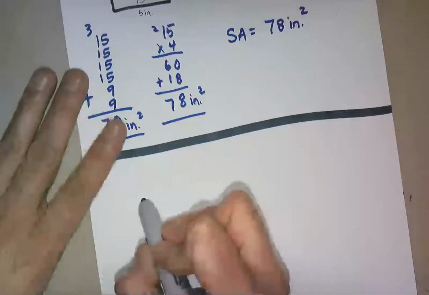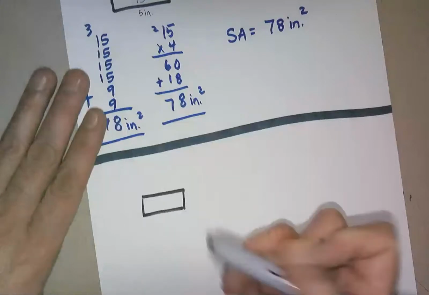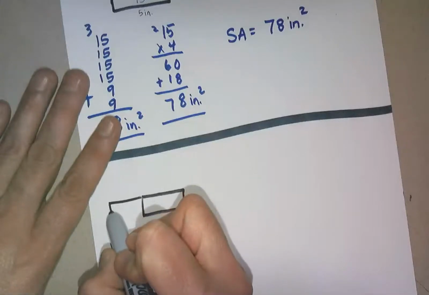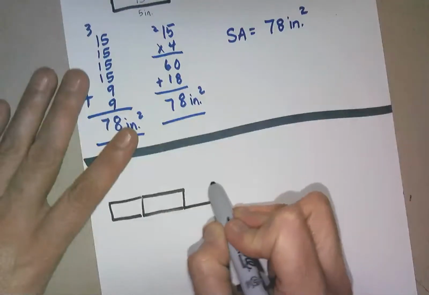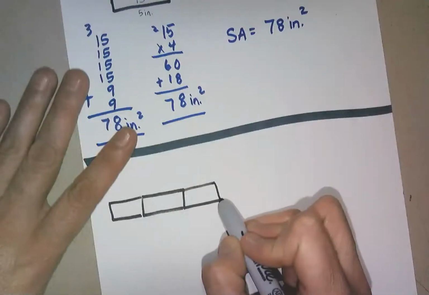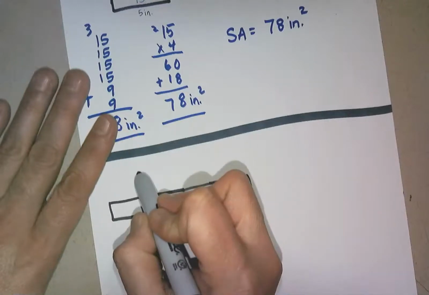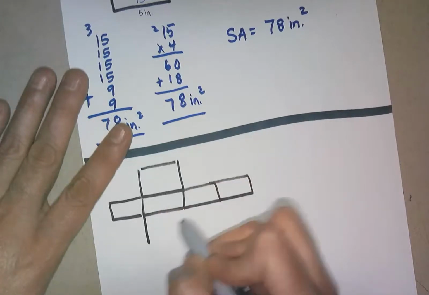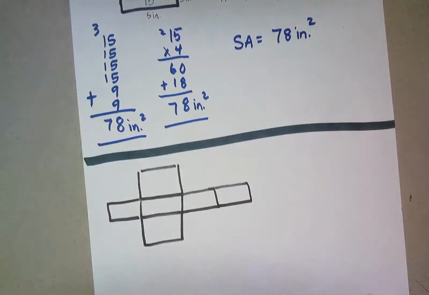With my middle. Okay, I'll have this one. Have another one this way. Oops, make sure it's got the same size. And this one. And then this one is up high. There we go.